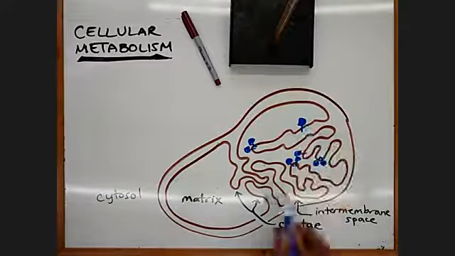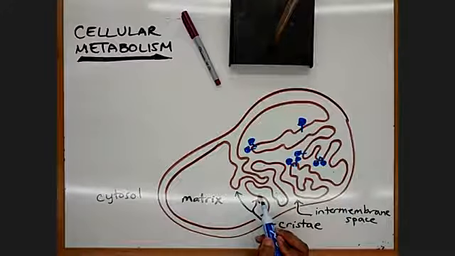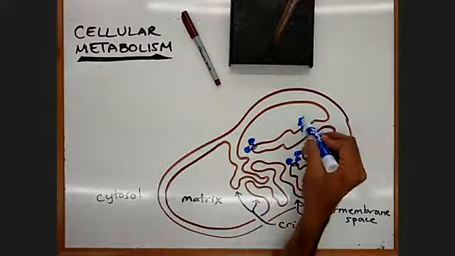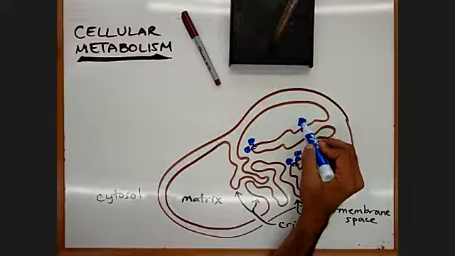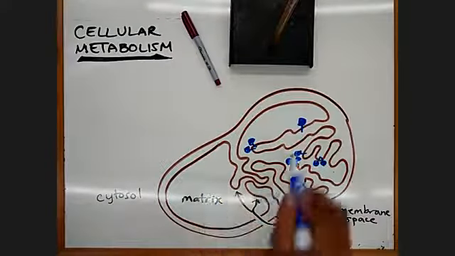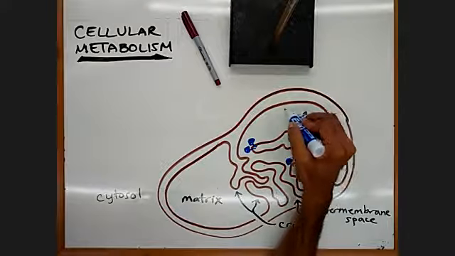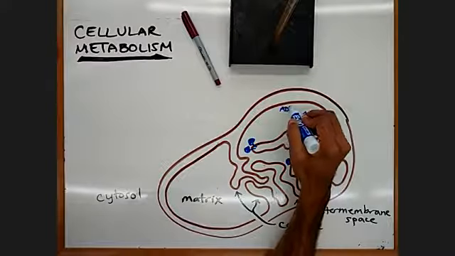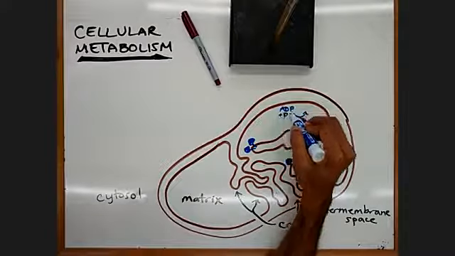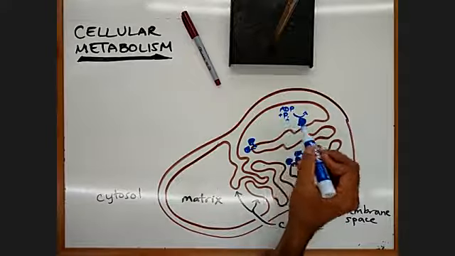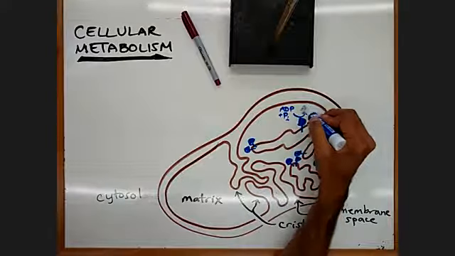You'll see it's often described as a lollipop shape, and the lollipop end is found in the matrix. And that's going to be the location that does the conversion of adenosine diphosphate, ADP, and a free phosphate, usually abbreviated as P sub i for inorganic phosphate, so that it doesn't get mixed up with a phosphorus atom. Conversion of that to ATP.